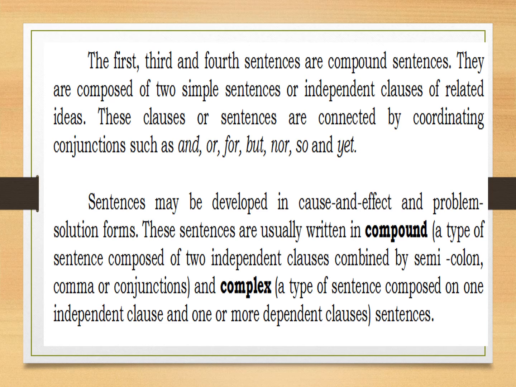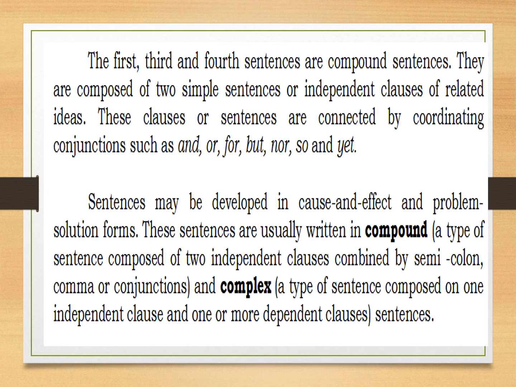Sentences may be developed in cause and effect and problem solution forms. These sentences are usually written in compound, a type of sentence composed of two independent clauses combined by semicolon, comma, or conjunctions, and complex, a type of sentence composed of one independent clause and one or more dependent clauses.